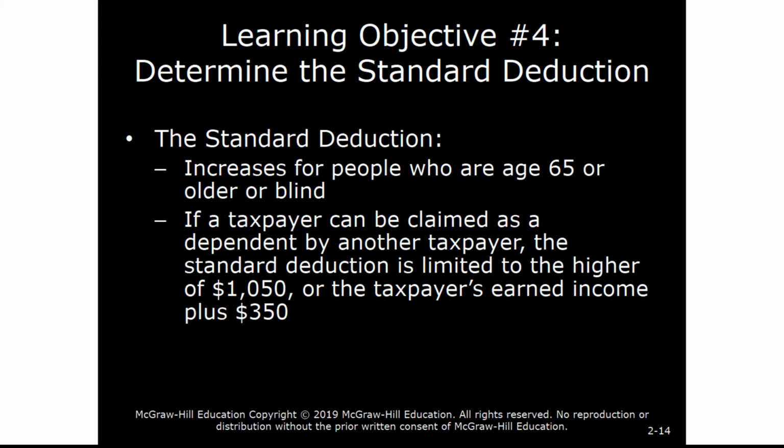And so if their income is so small that it's the greater of $1,050 or their earned income plus $350, then the taxpayer can be claimed as a dependent and still qualify for the standard deduction.